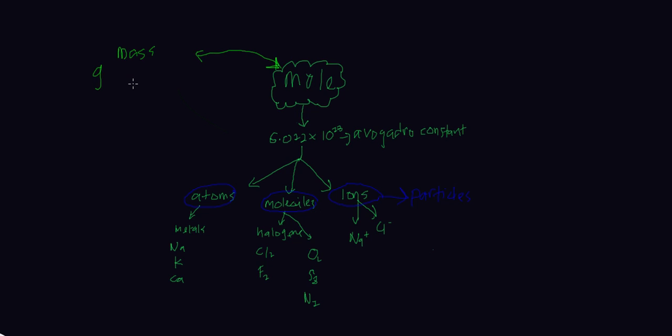So from mass to mole, you basically have to divide by the molar mass. The symbol for molar mass is commonly given as Mr. The unit for molar mass, which is available in the periodic table, is gram per mole.